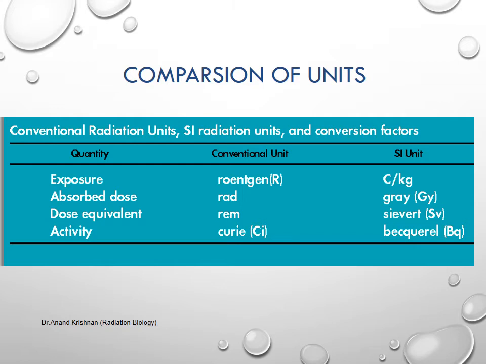The absorbed dose is rad, and the SI unit is gray. The dose equivalent, or equivalent dose, both are the same. The conventional unit is rem, and the SI unit is sievert. Sievert is the unit you will come across very frequently when you study the effects of radiation. And radioactivity is conventionally measured in terms of curie, and the SI unit is becquerel.